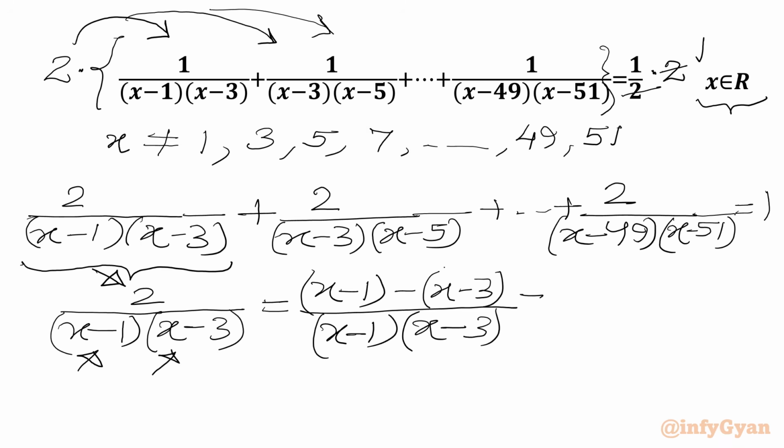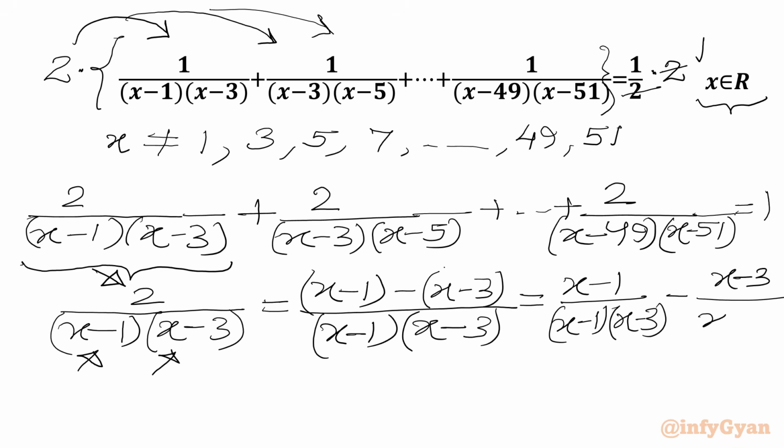Now we will split the numerator with respect to the denominator. So we can write (x minus 1) over (x minus 1)(x minus 3) minus (x minus 3) over (x minus 1)(x minus 3). Now we can cancel x minus 1 from numerator and denominator, and x minus 3 from numerator and denominator.